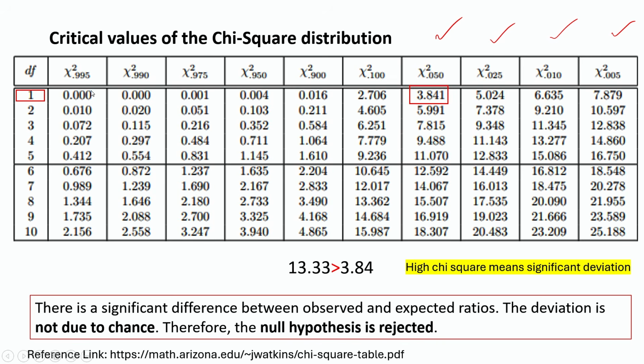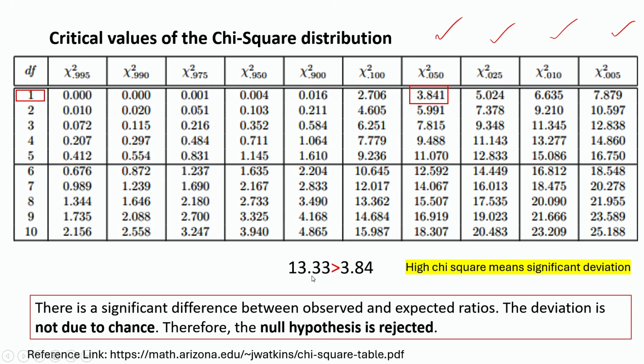Because your degree of freedom is 1, you will look at 1 and match your value to the value present in the 0.05 category, which is 3.841, right? So there are only 5% chances that my data is just varying by chance, and then my value should be lower than this.